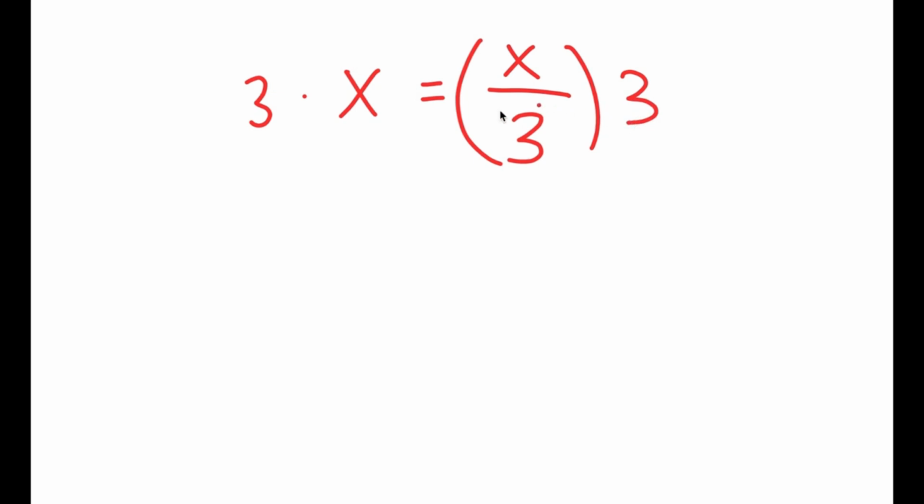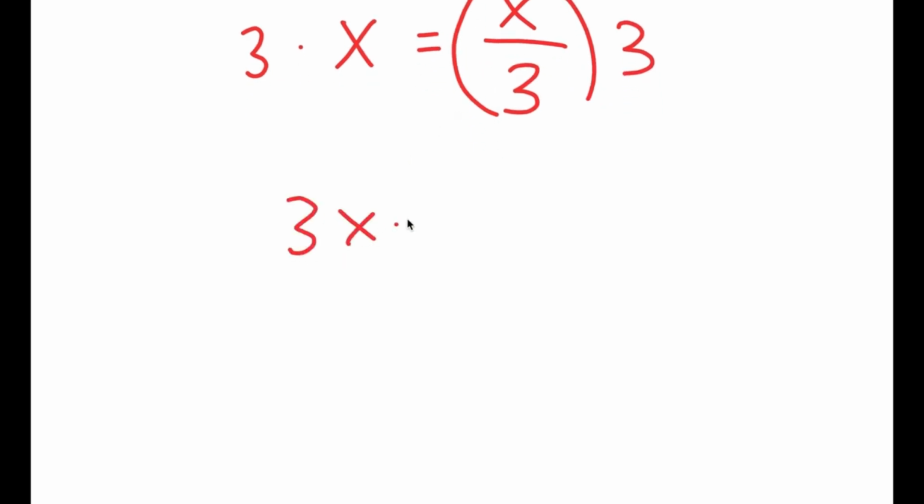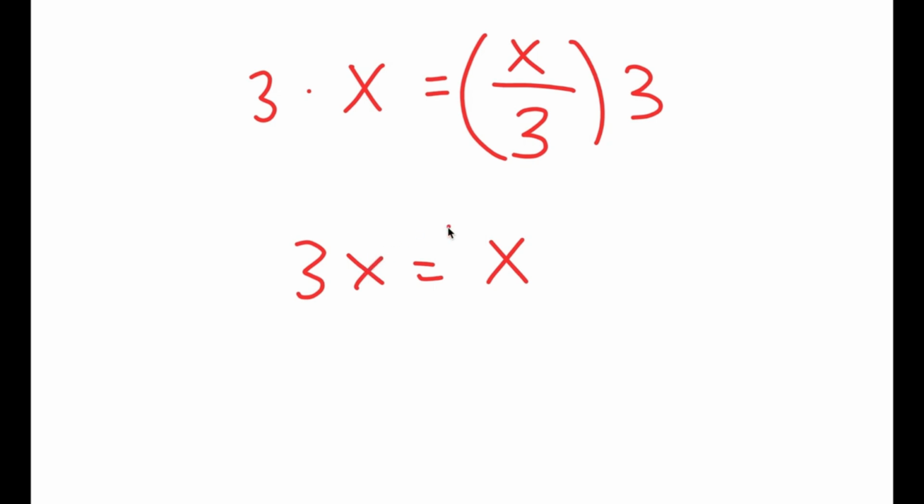Alright, so in this video, I'm going to solve the equation x is equal to x over 3. To solve this, I'm going to first start by multiplying both sides by 3. So I get 3x is equal to x, and from here, what most people would do is divide both sides by x.